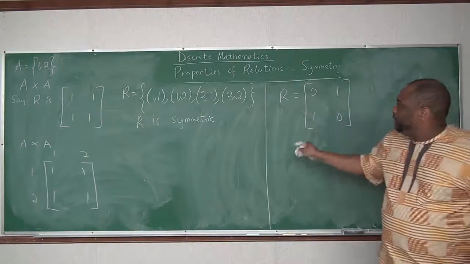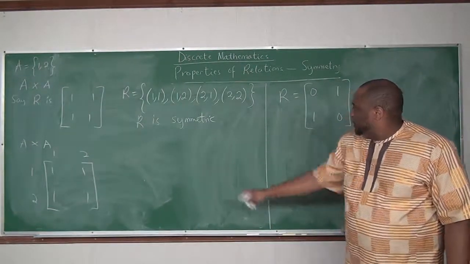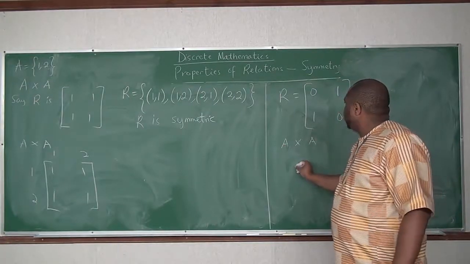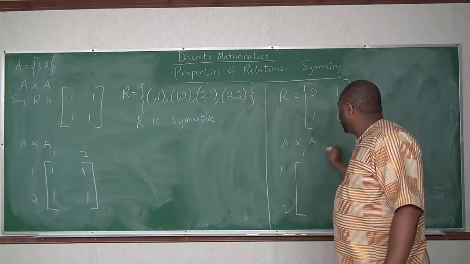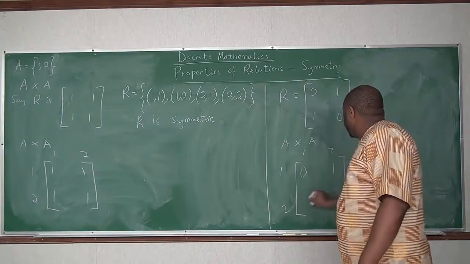Okay, if you convert it, A by A, 1, 2, 1, 2, then this will be 0, 1, 1, 0.